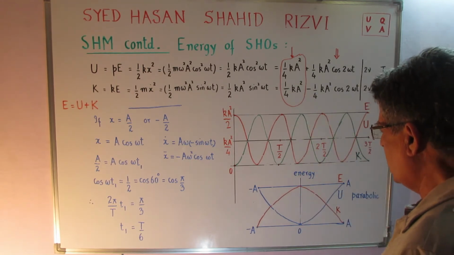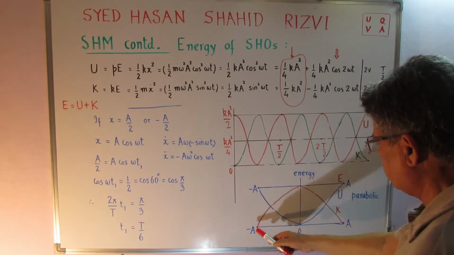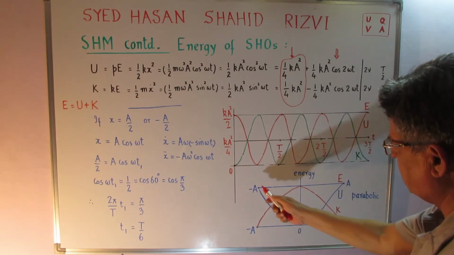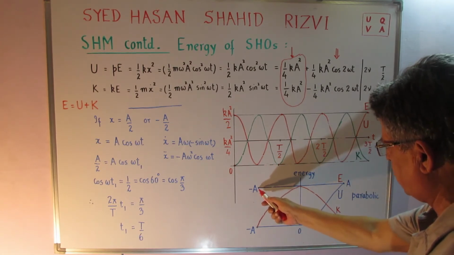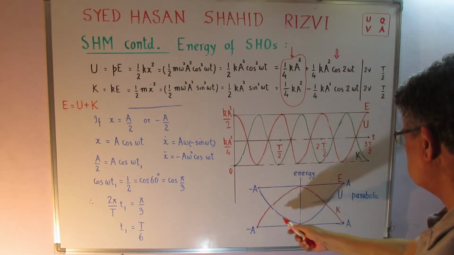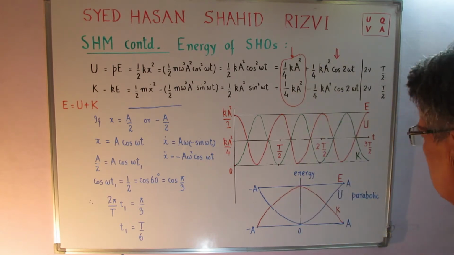Whether going negative or positive, because it has been squared, so this is always a positive quantity. In the case of the potential energy also here, because the value is maximum minus A, so that is squared and all those things, this also turns out to be like this. Both these graphs are parabolic in nature.